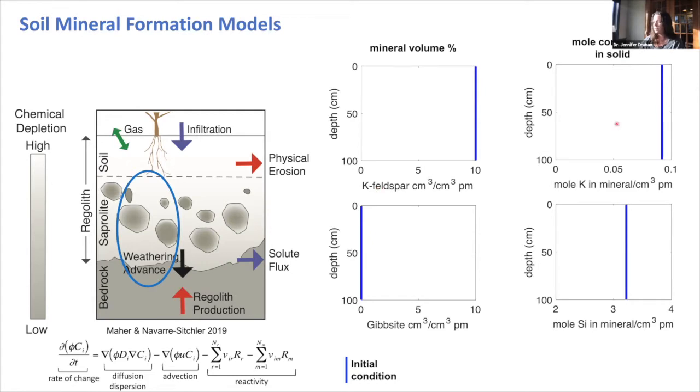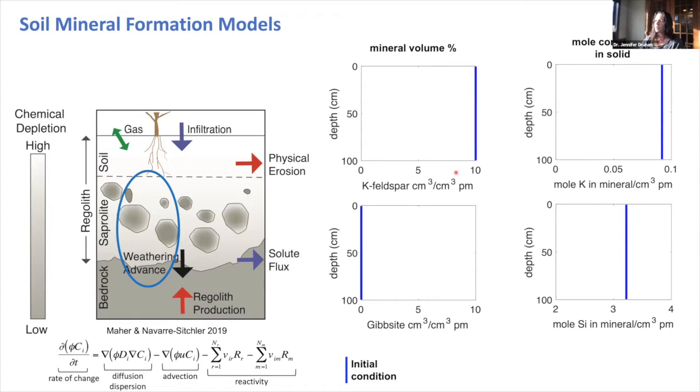You can also do this, instead of in terms of mineral volumes, in terms of elemental content. So you can see how much potassium and how much silicon is in the simulation when we start. And now what's going to happen is I'm going to launch this model forward in time and basically let water infiltrate across the upper boundary of this model and flow down through this assemblage of primary minerals and react along the way using rate laws and parameter values that people have worked really hard to constrain.